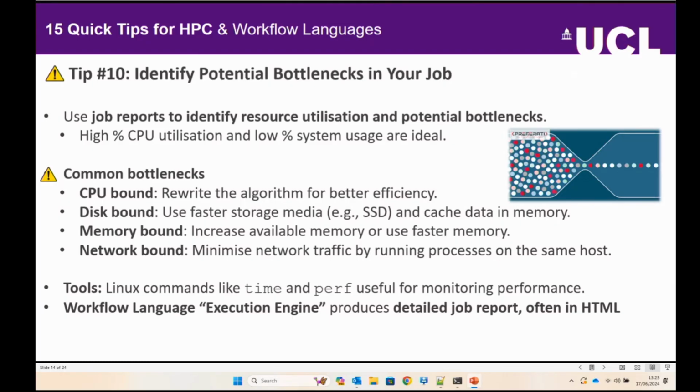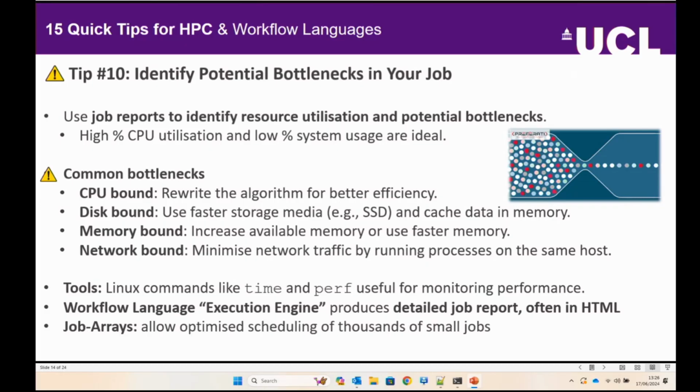Workflow languages have an execution engine that sits on top of the HPC platform and runs the jobs on the HPC, and that often produces a more detailed report, which is often in HTML and so very easy to read. That's very useful for optimizing jobs, because when you view the execution report, it's usually very detailed and easy to read. You get lots of graphs and things like that, rather than a text-based job report that you get from the HPC platform. I showed you that.